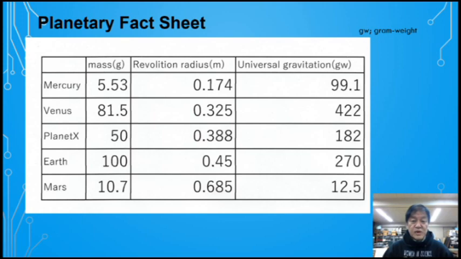I wanted to try Jupiter too, but when I estimated its value using this ratio, they were too big, 86 kilograms for the mass and 2.3 meters for the radius of revolution, so I gave up.